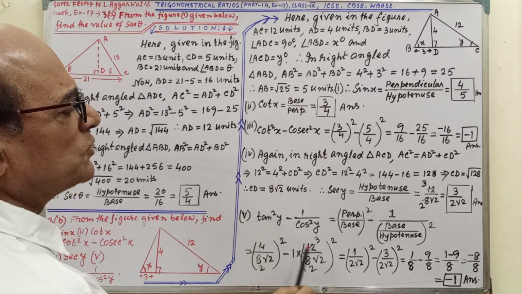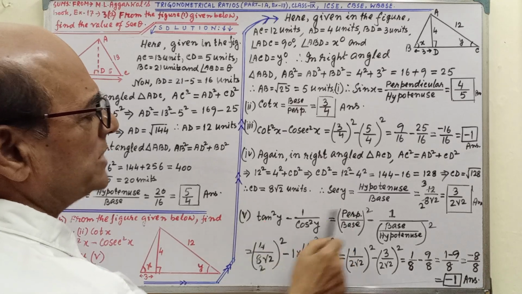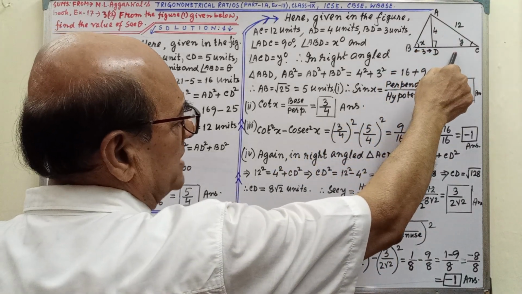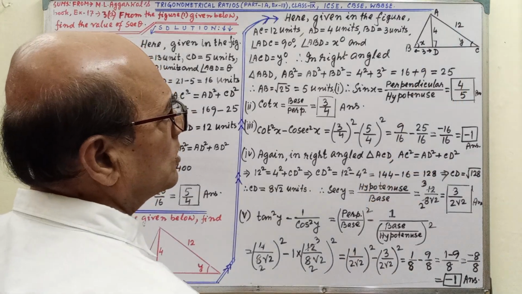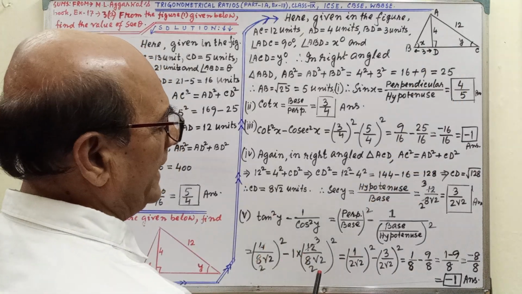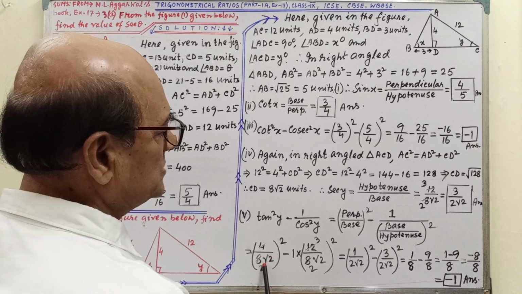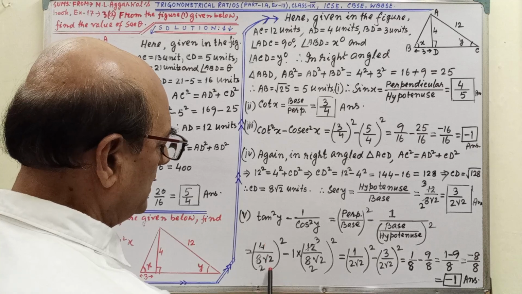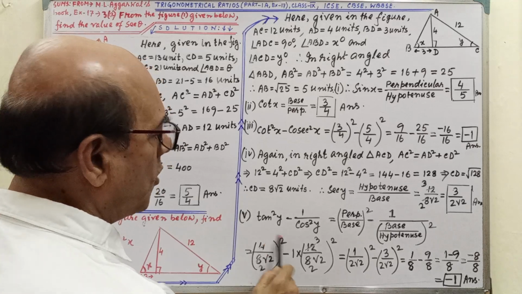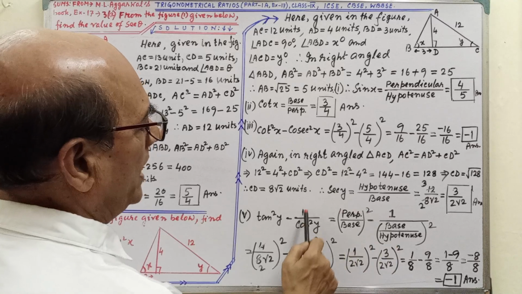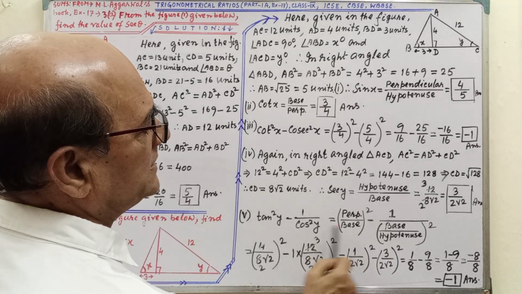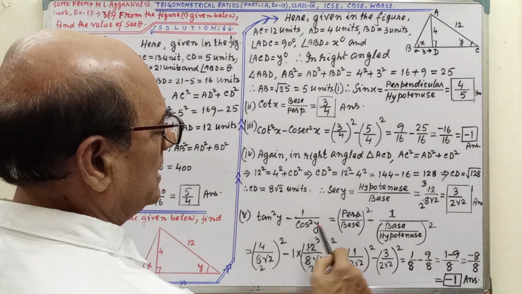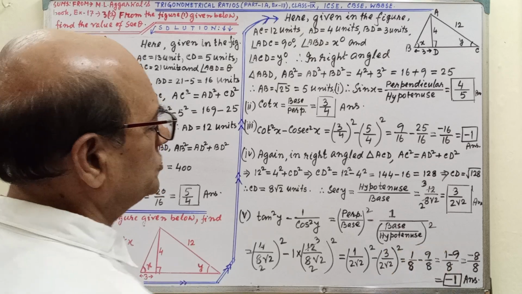For y, tan square is perpendicular by base, and here it is squared, so whole square. In this triangle, this is the perpendicular and this is the base. The perpendicular we have got is 4 and the base we have got is 8 root 2. So tan square is 4 by 8 root 2 whole square, and 1 by cosec square theta, that is base by hypotenuse, whole square.